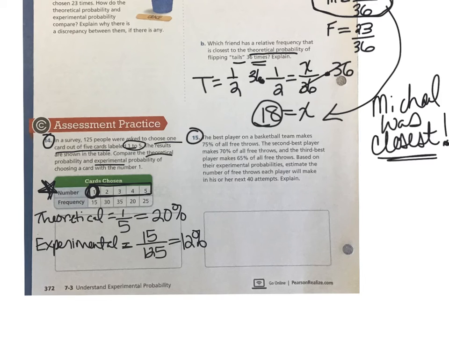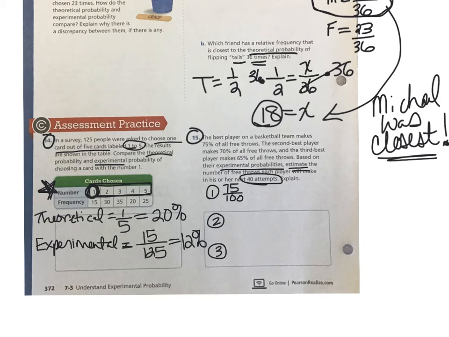Number 15. The best player on a basketball team makes 75% of all free throws. The second best player makes 70%, and the third best player makes 65%. Based on their experimental probabilities, estimate the number of free throws each player will make on his or her next 40 attempts. So in other words, when we see these probabilities listed as percentages, and I'm going to label these players number 1, number 2, and number 3, we can use that percentage and change it into a ratio out of 100.